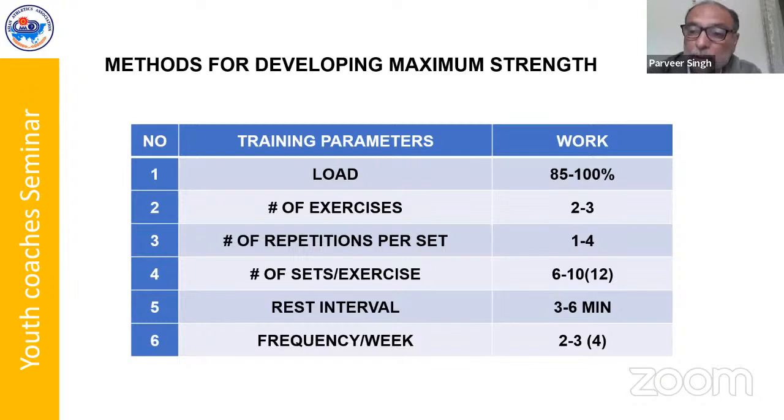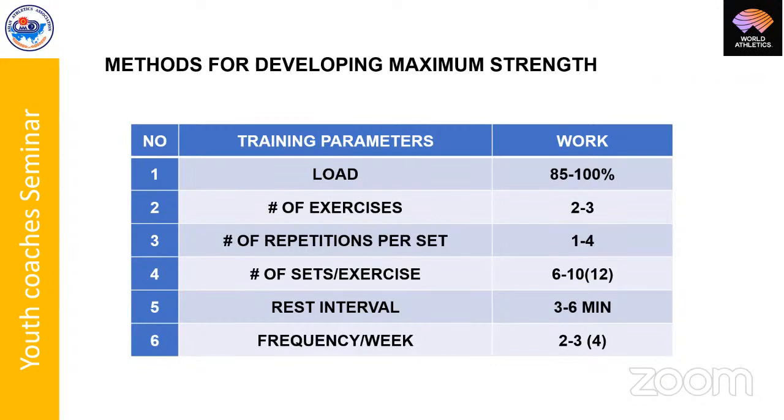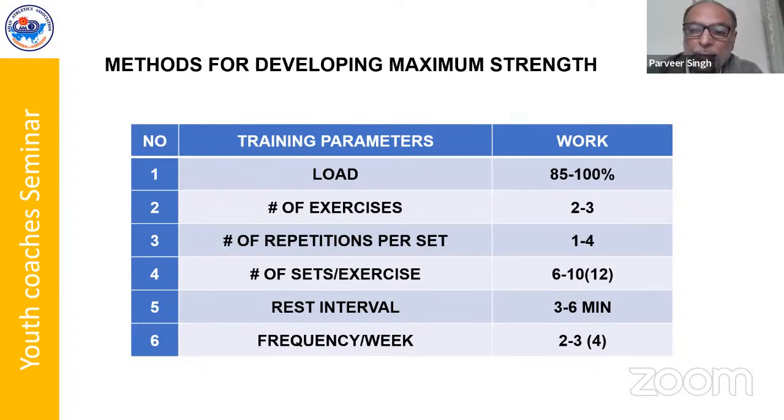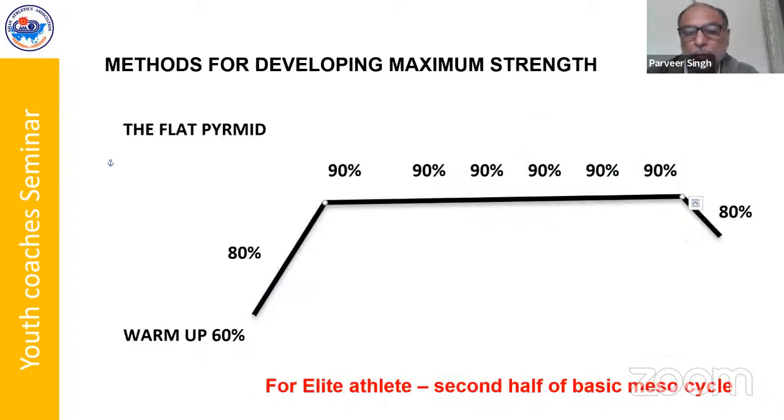But for youth, like junior athletes, 18, 19, you can't go for a high number of sets. Accordingly, you have to plan maybe 5 or 6 sets maximum. So how many times a week? You can go for 2 to 3 sessions per week. But this is for elite athletes.